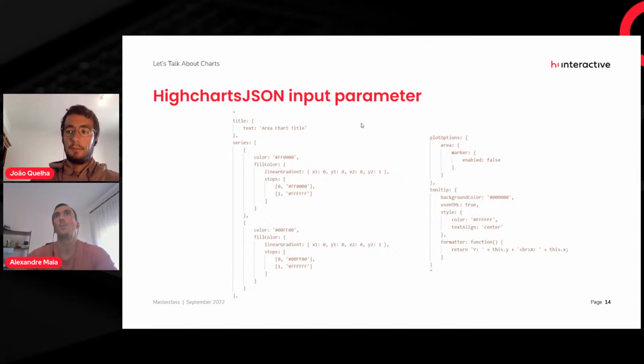Just to give you guys a notion of what options we have. Of course, we have so many more options. You can go to the iCharts API and take a look.